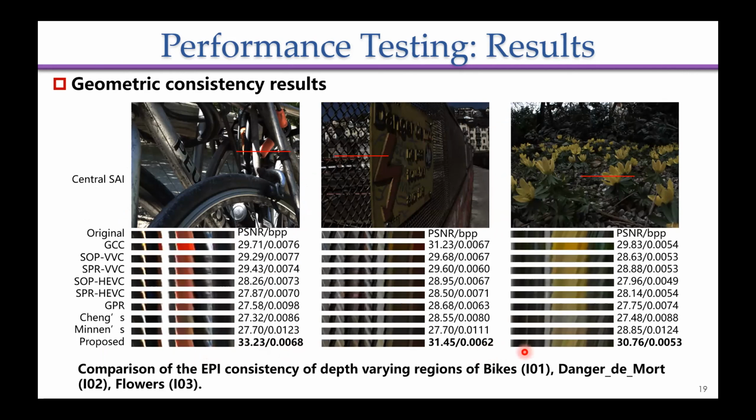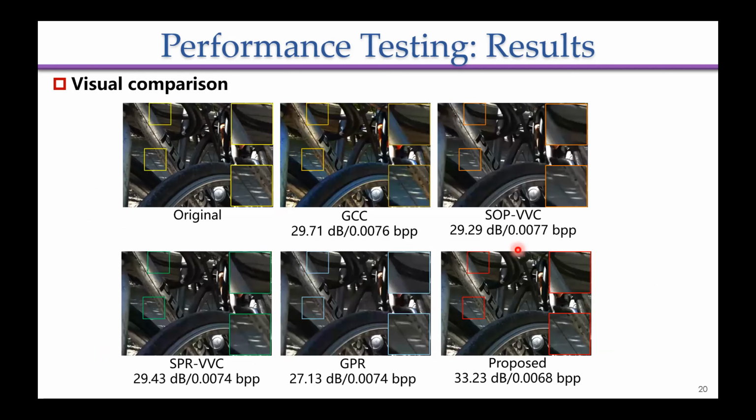If you visually look at the reconstructed image, you can also see that the textures are quite close to the original image and better than others. So it shows the good performance of this network.